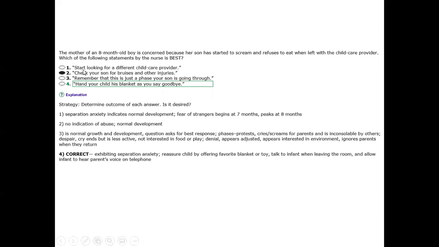Next question. The mother of an 8-month-old boy is concerned because her son has started to scream and refuse to eat when left with the child care provider.